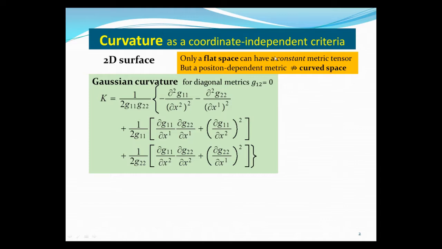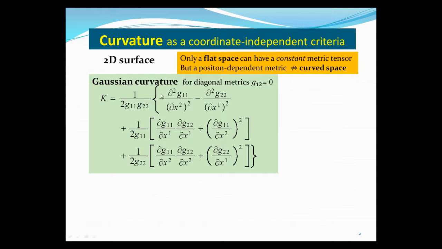Gauss made a great contribution: he found a certain quantity, which we now call Gaussian curvature, a second derivative of the metric, which can decide whether the space is curved or not in a coordinate-independent way. If it's zero, it's a flat space. If it's not zero, it's curved.